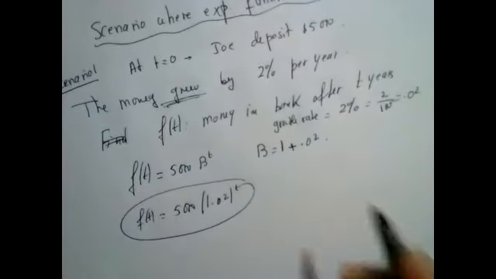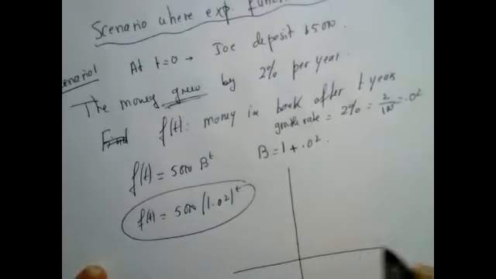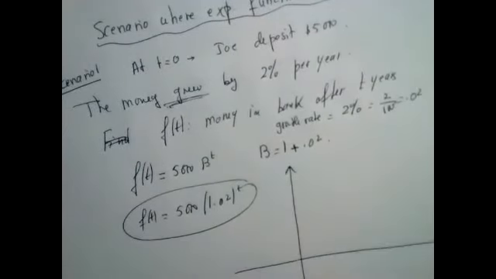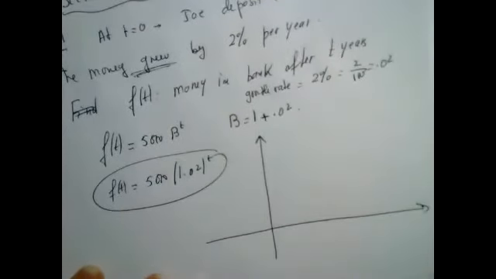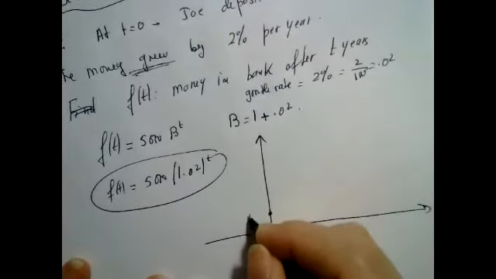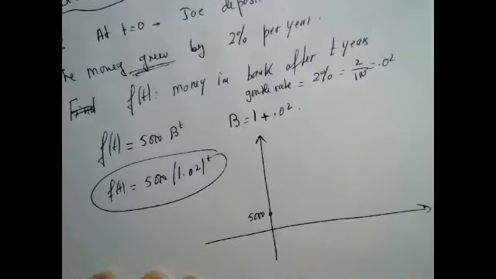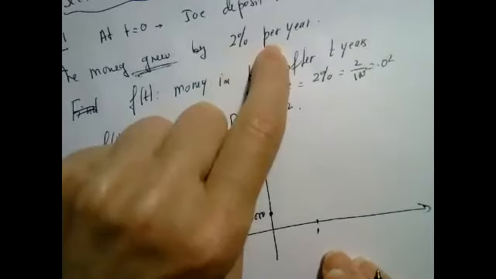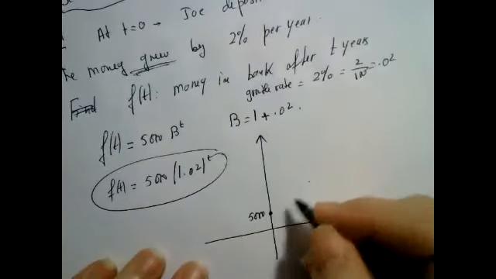And graphically, what's really going on? The growth here is definitely not linear. How does the growth work? We start at 5,000. After 1 year, the money grew by 2%.